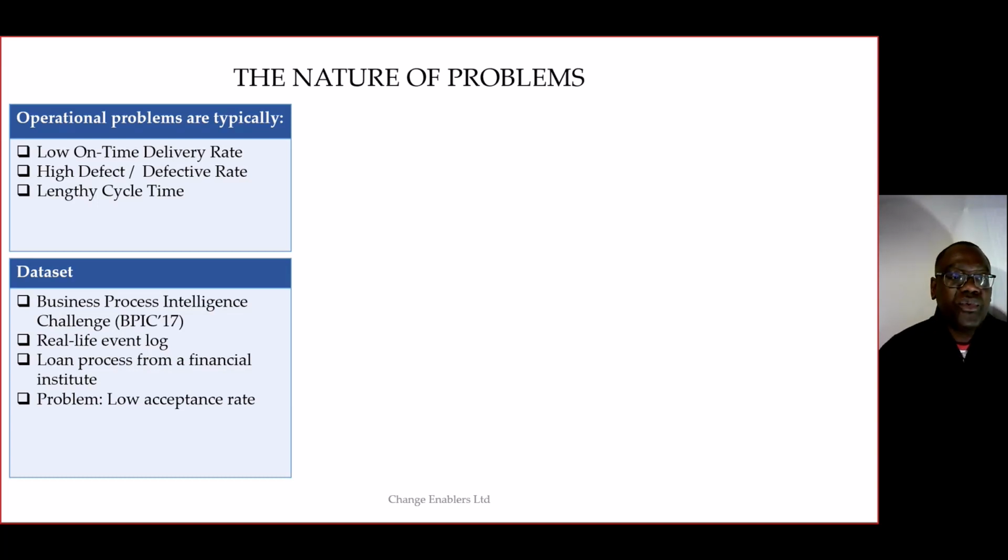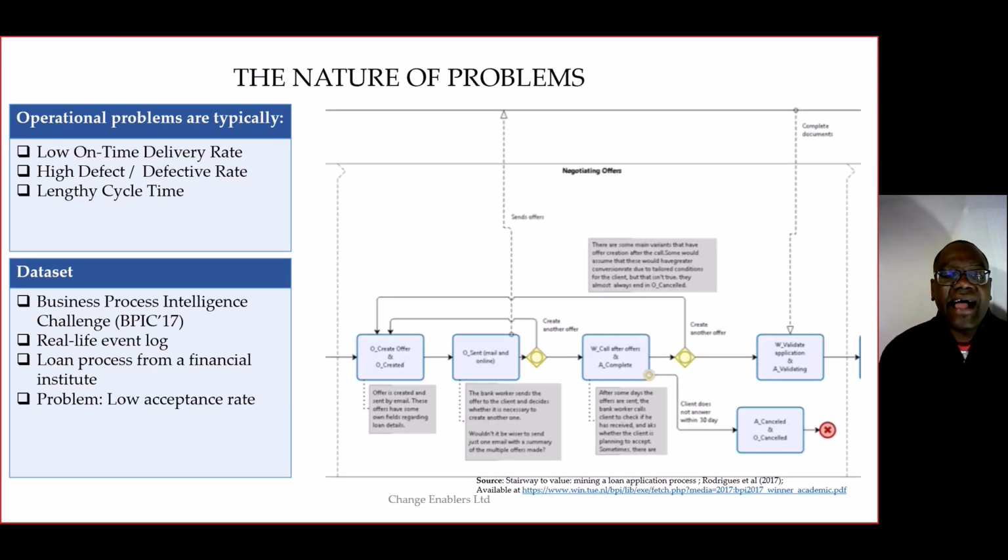Let's briefly walk through the process, and we are focusing on the offer part of this process. This sub-process starts when an offer is created, which is then sent to the customer.